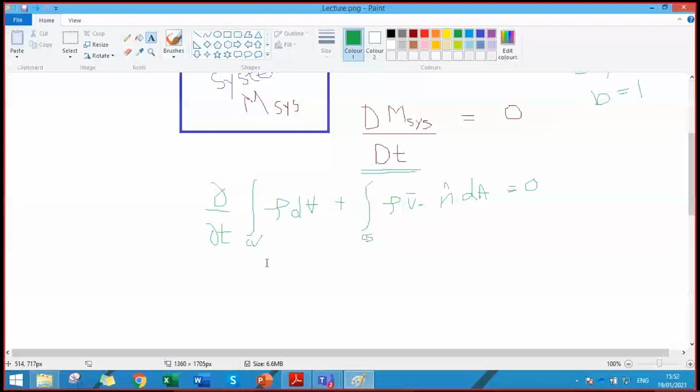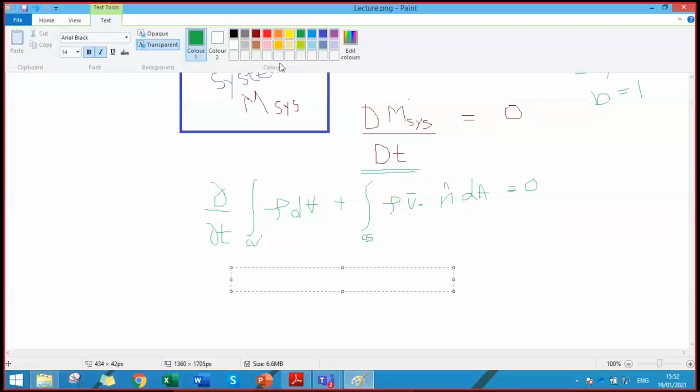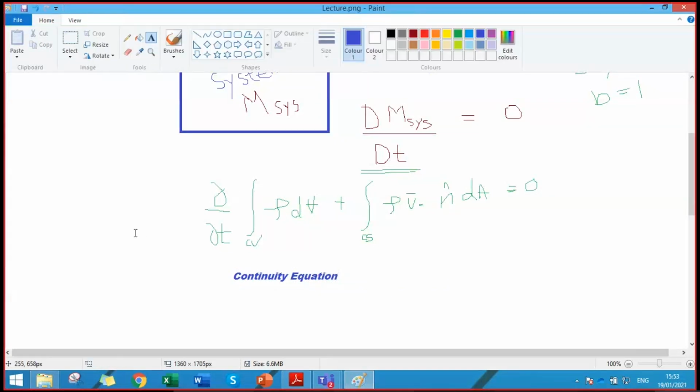This is called the continuity equation. Clear? Yes, sir.